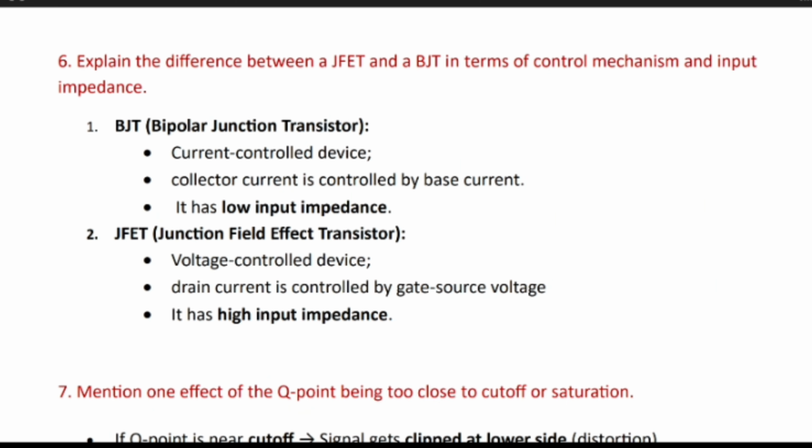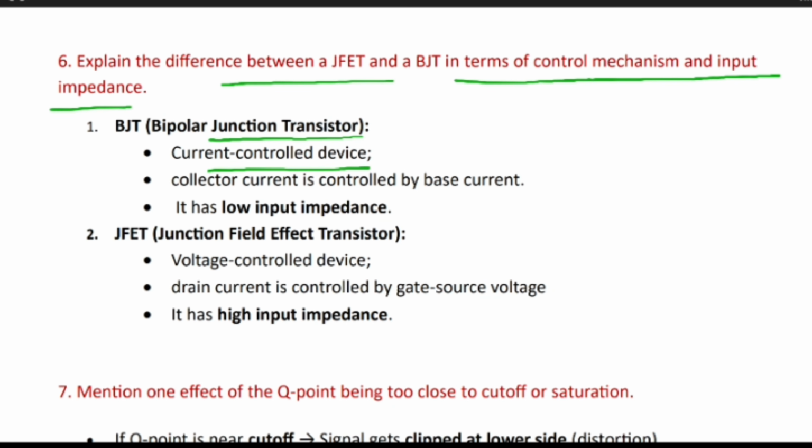And next question: explain the difference between JFET and BJT in terms of control mechanism and input impedance. BJT is a bipolar junction transistor. It is a current controlled device.